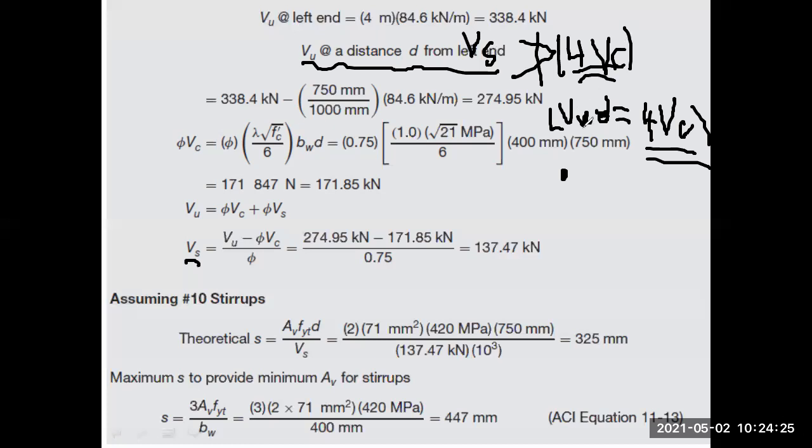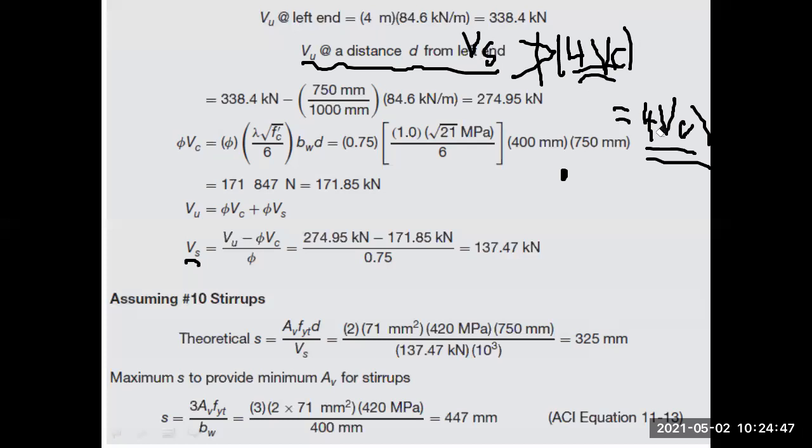It's just in terms of location, and let me explain to you. VU at D, you get it, for example, for VC, and then you calculate VS based on that. So if VS is less than 4 VC, it would be okay.